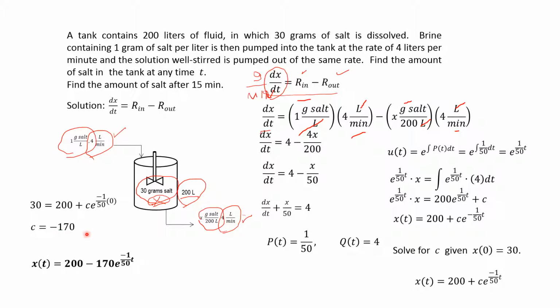And your x of t now is, you plug it in our original equation, you know already the value of c here. So c is negative 170, and therefore x of t is 200 minus 170 e to the minus 1 over 50 t. And then you can find the amount of salt after 15 minutes.